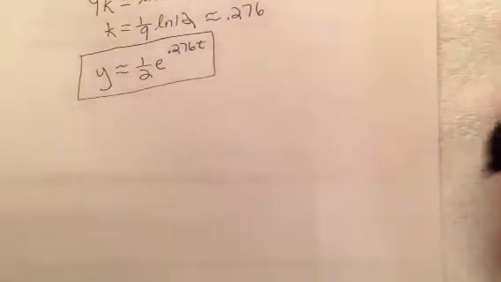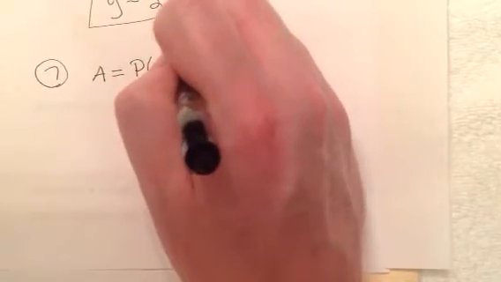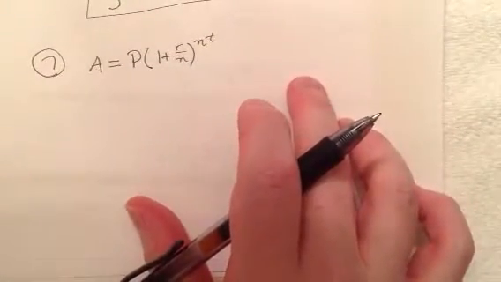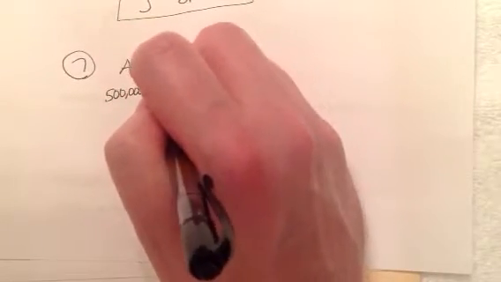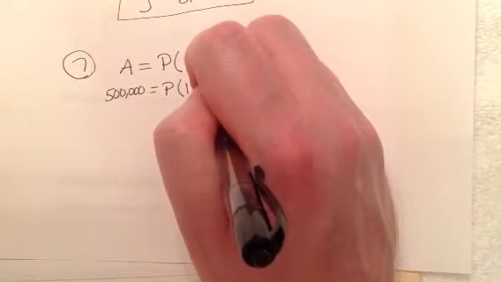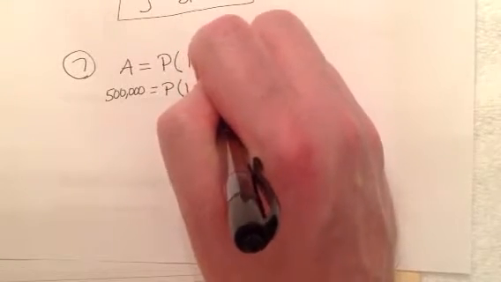For number 7, we are looking at monthly compounding, so we utilize the compound interest formula: A equals P times the quantity of 1 plus R over N, to the N times T power. We have $500,000 for the future value, and we are finding the value of P. The rate of interest is 6%, so R is 0.06.